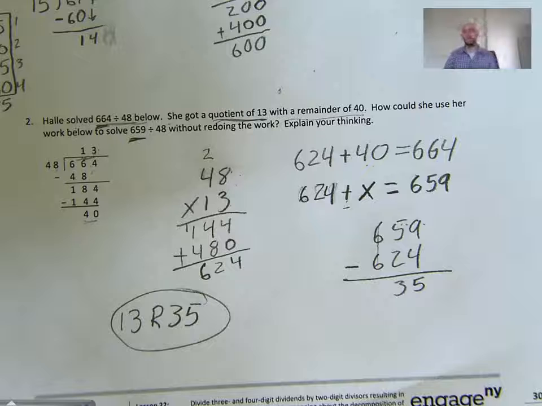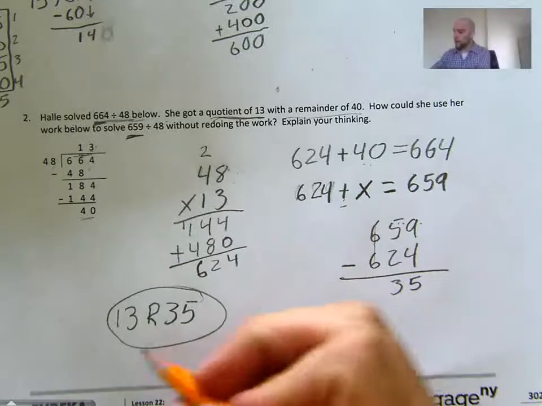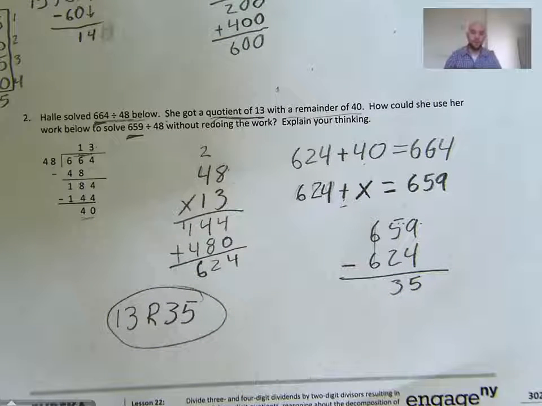We're still going to have 13 groups. We'll just have 5 less left over because we had 40 left over. We subtracted 5 from our total. Now we have 35 left over. So we wouldn't have to completely redo our work to figure out 659 divided by 48 if we already know that 664 divided by 48 is 13 remainder 40, which gives us 13 remainder 35.